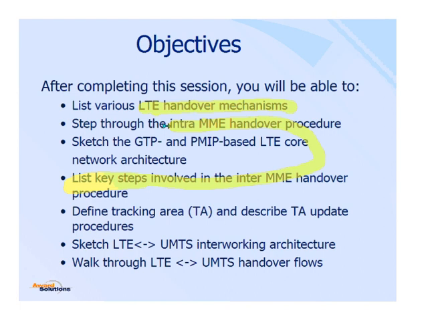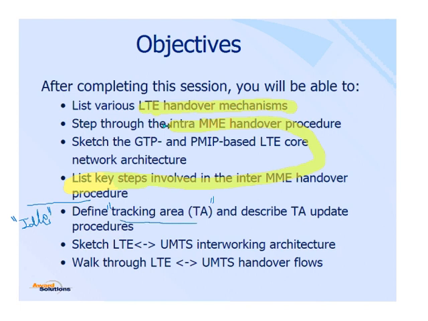We will also discuss the idle state mobility. In the idle state, we do not have a dedicated radio connection, but the user may be moving from one area to another area, and we need to keep track of the user location, and we do that at the level of tracking area.